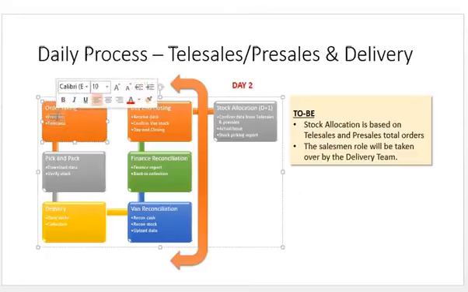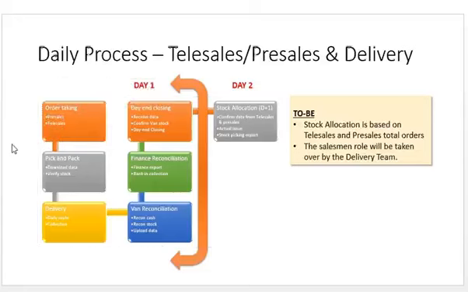So the orders which are captured by these pre-sales and telesales would then be summarized for the next day delivery. So this summarization actually takes place here, from the previous day when the orders are captured.